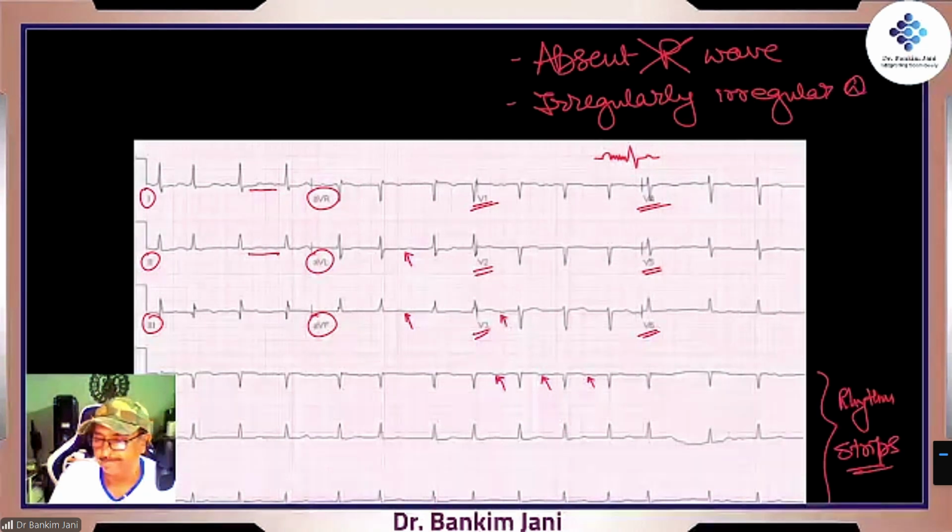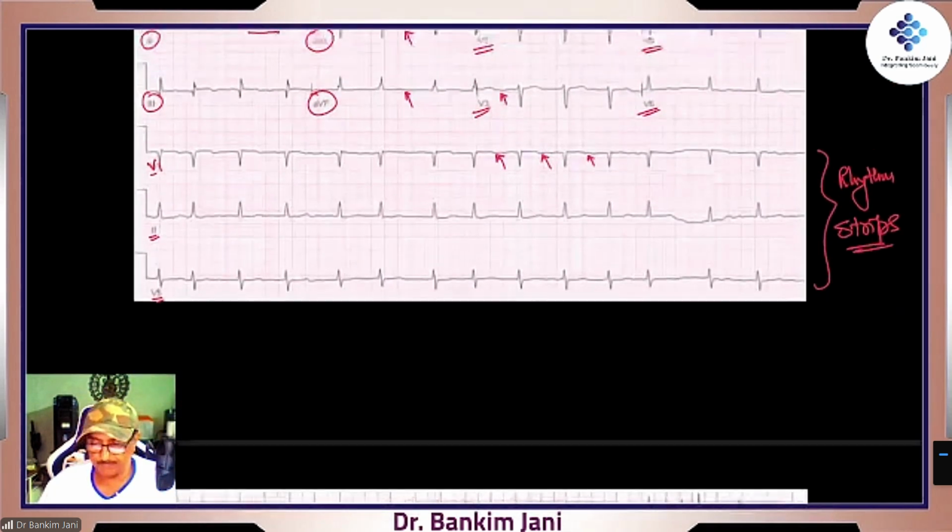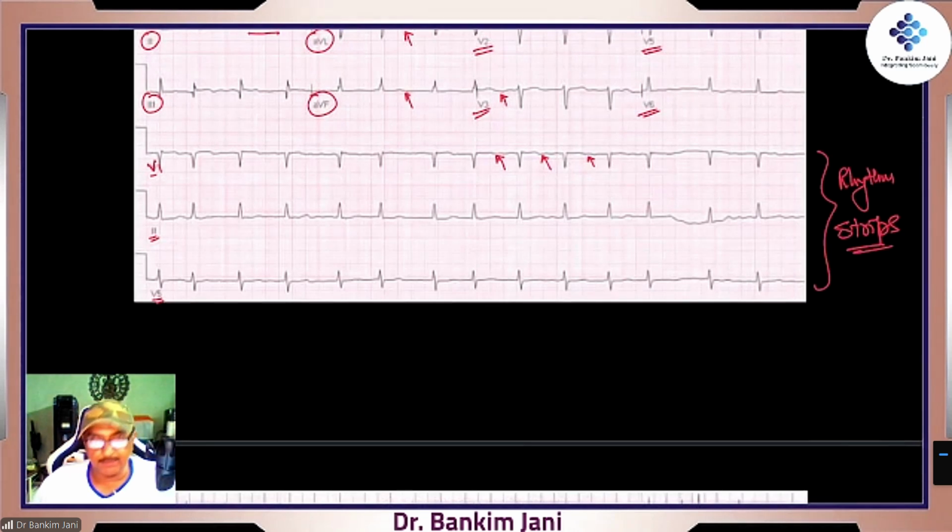You might not be able to see this sometimes when the segment is this small. That's why the rhythm strip. See the distance. This distance is long, this one short, again medium, this short, long.